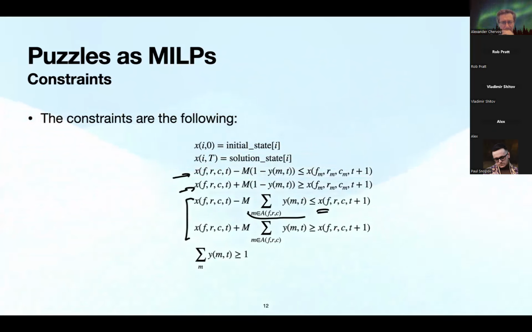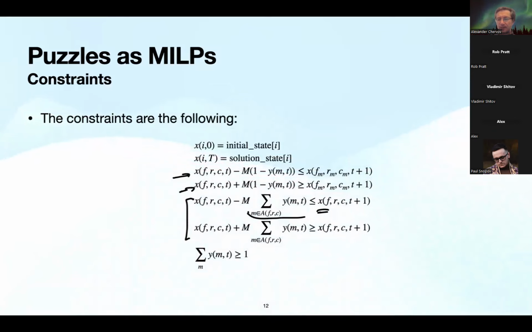So it is standard. They call these big M constraints. If you look up big M constraint, you'll see a lot of information like that.